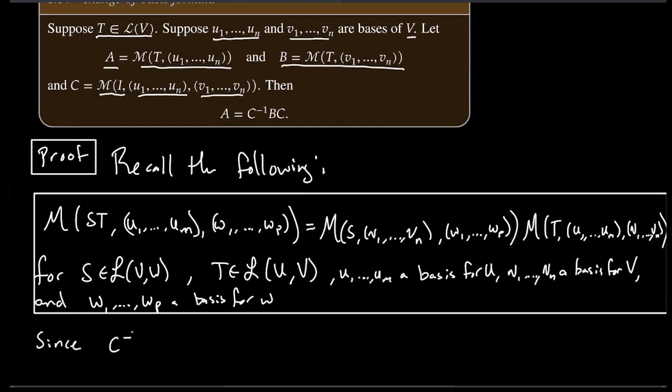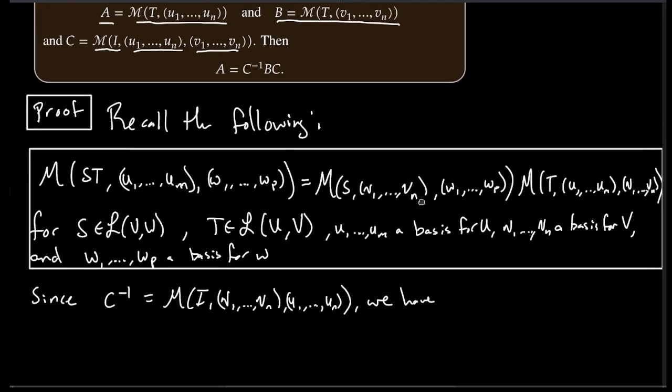Since C inverse is just the matrix of the identity with the order switched, V1 through Vn, U1 through UN, we have the following.